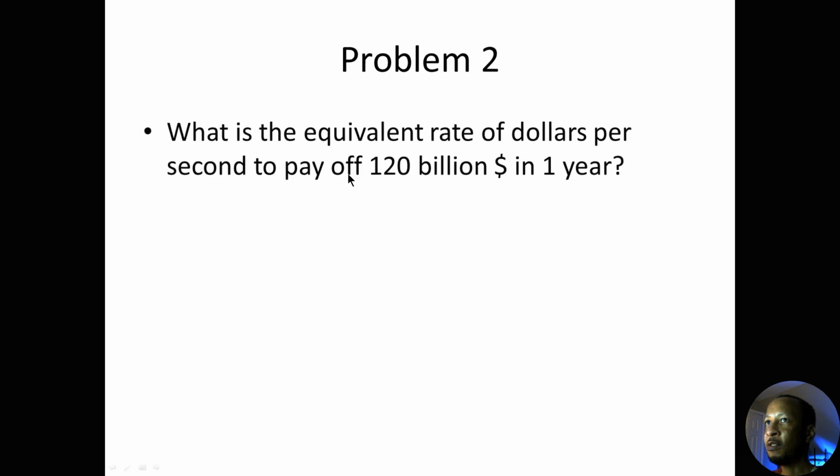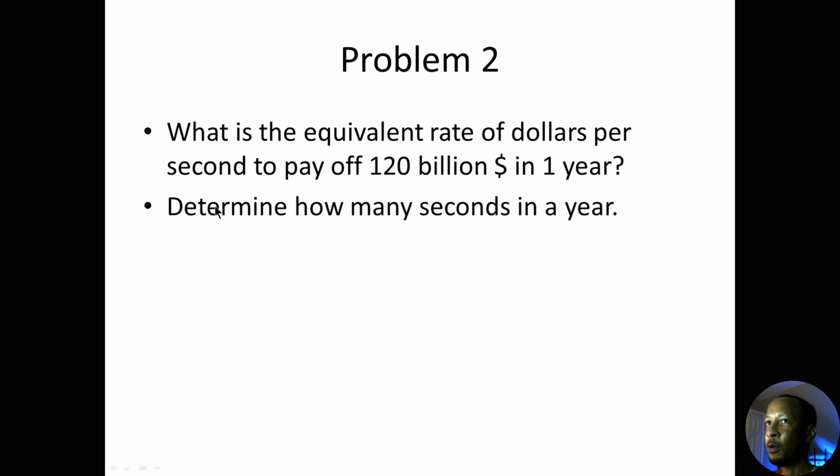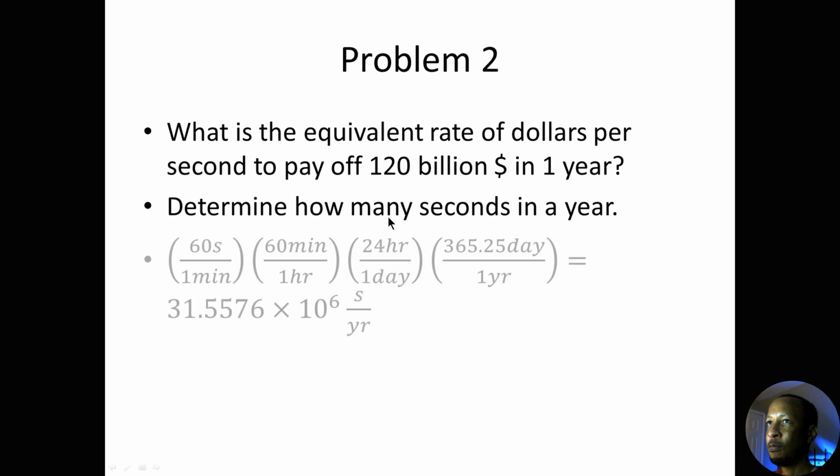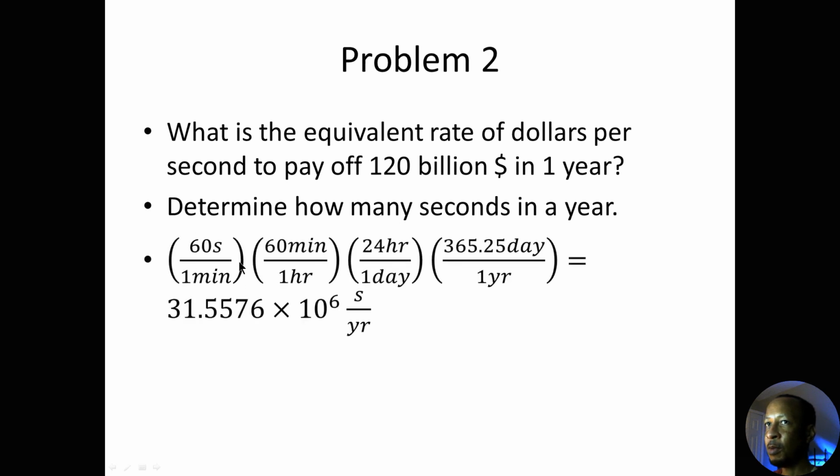Problem number two. What is the equivalent rate of dollars per second to pay off $120 billion in 1 year? So first I'm going to determine how many seconds there are in a year. So my conversion factors are set up in this way.